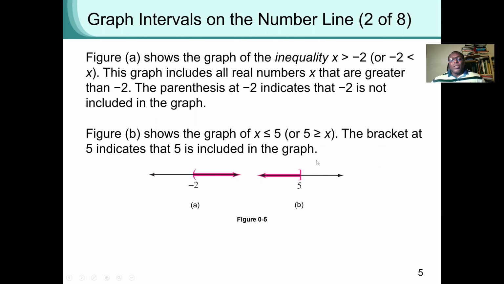So with these symbols in hand, we can easily graph intervals on a number line. So for example, here we have x is less than or equal to 5. Since we are going to include 5, we use the straight line with less than, so it will go to the left side.